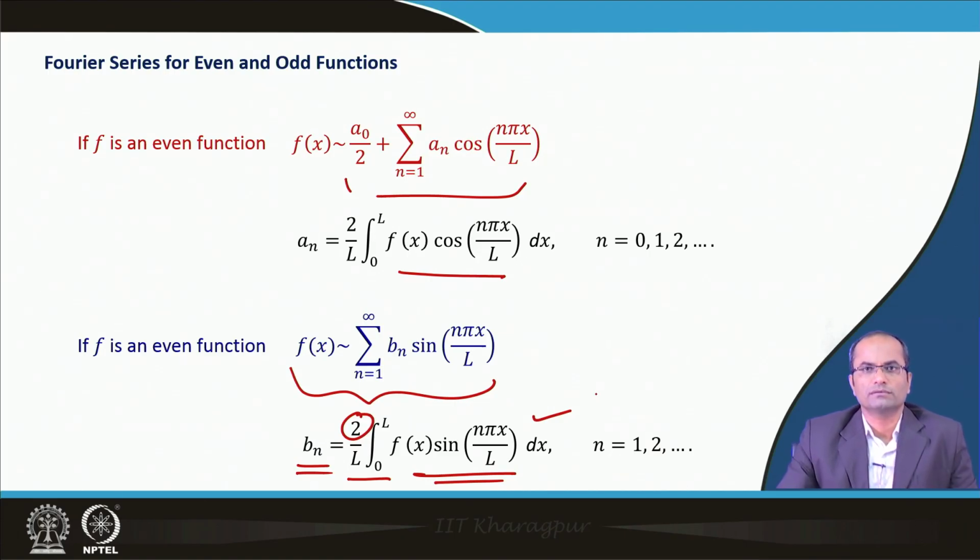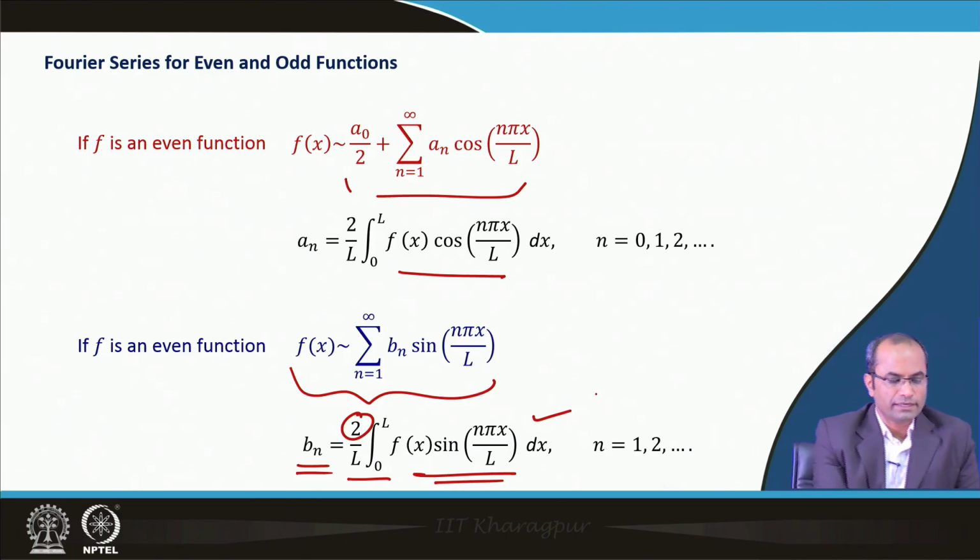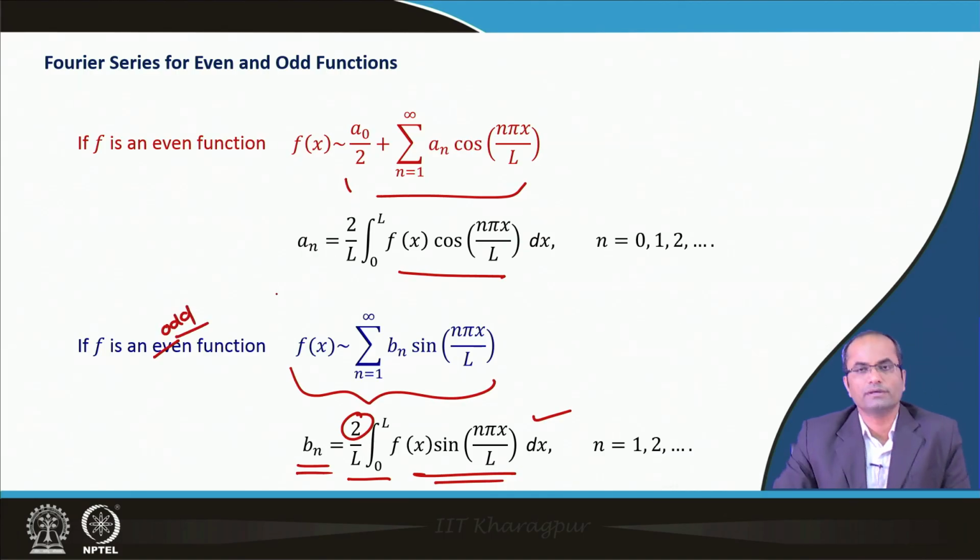If it is an even function, then we will get only the cosine terms, and if we have an odd function, we will get only the sine terms in the expansion.